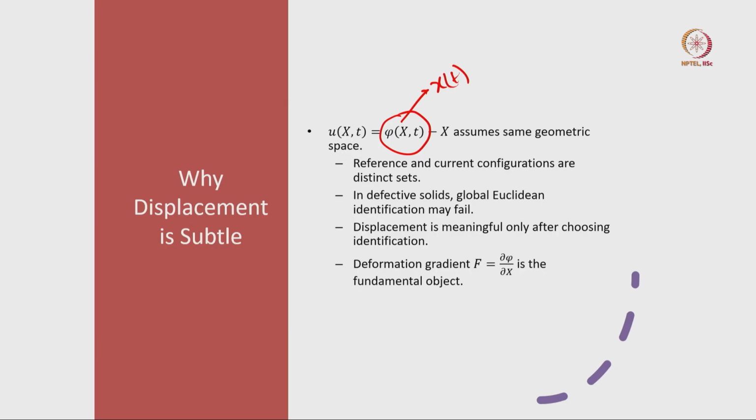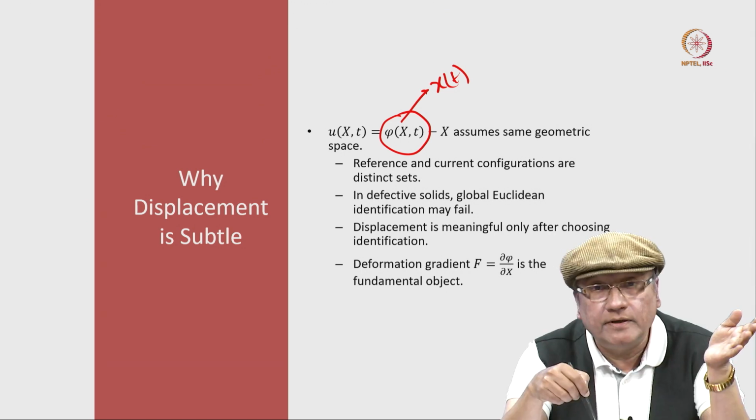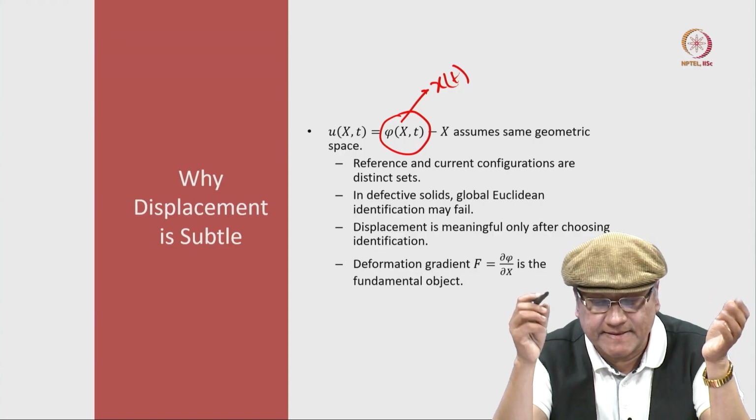So you can define u(x,t), the displacement, as the difference between these two position vectors: the deformed point x(t) minus the original referential point capital X.